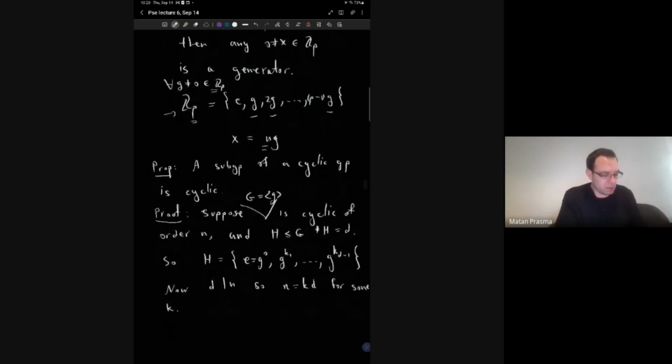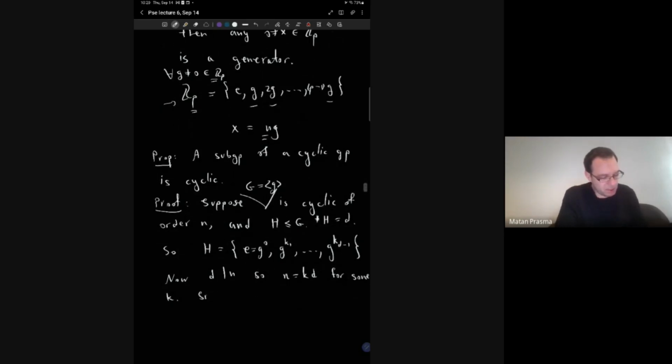Now, since the order of H is d, if I take any element in the group H and raise it to the power of d, I have to get the neutral element. So g to the ki to the d must be the unit element. This is, of course, g to the ki d.